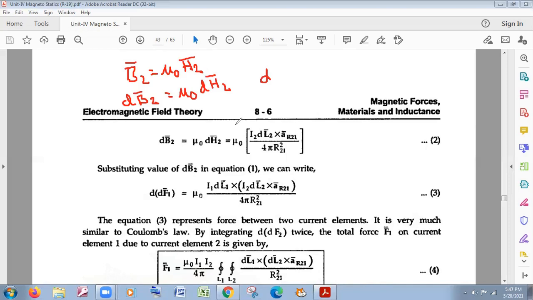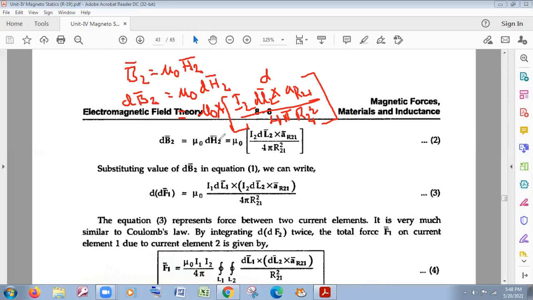What is dH2 bar? According to the Biot-Savart law, dH2 bar is equal to I2 dL2 bar cross aR21 divided by 4 pi R square, where R is R12. This is the starting expression itself; we derived this expression. Got it, my students?